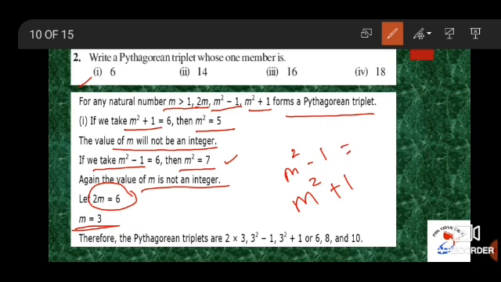The m value is 3, so 3 square minus 1, that is 9 minus 1, that is 8, and 3 square plus 1, that is 9 plus 1, that is equal to 10. So to conclude, the Pythagorean triplet for the number 6 includes 6, 8 and 10. One member is 6, which means the other two members are 8 and 10.